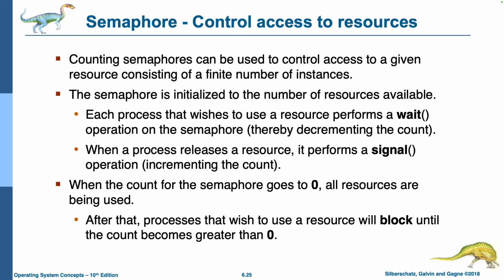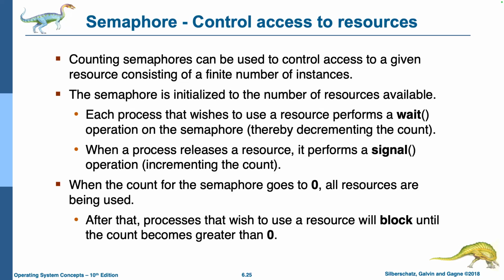So counting semaphores can be used to control the access to a given resource. The semaphore is initialized to the number of resources available: initialized to 1 if you only have one resource, and initialized to 10 because you have 10 resources.